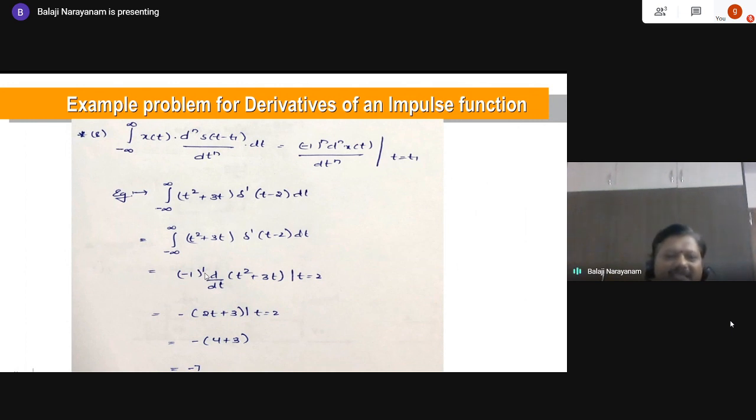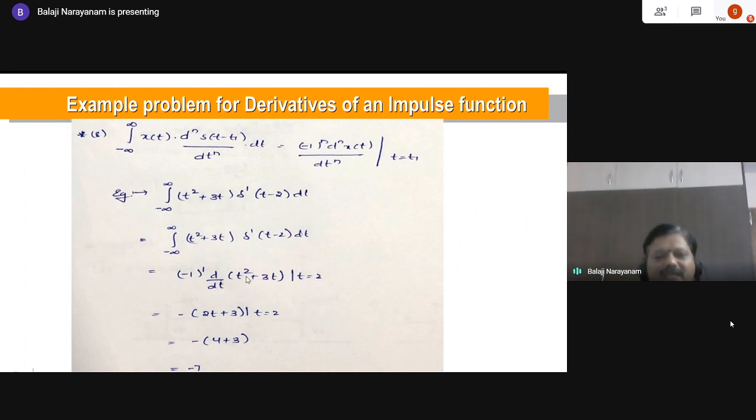Why 1? Because it is the first derivative. If it is second derivative, n is equal to 2. If it is kth derivative, then here in place of 1 you may get k. So d by dt of, as it is a first derivative, d by dt of x of t. In place of x of t we have t square plus 3t.